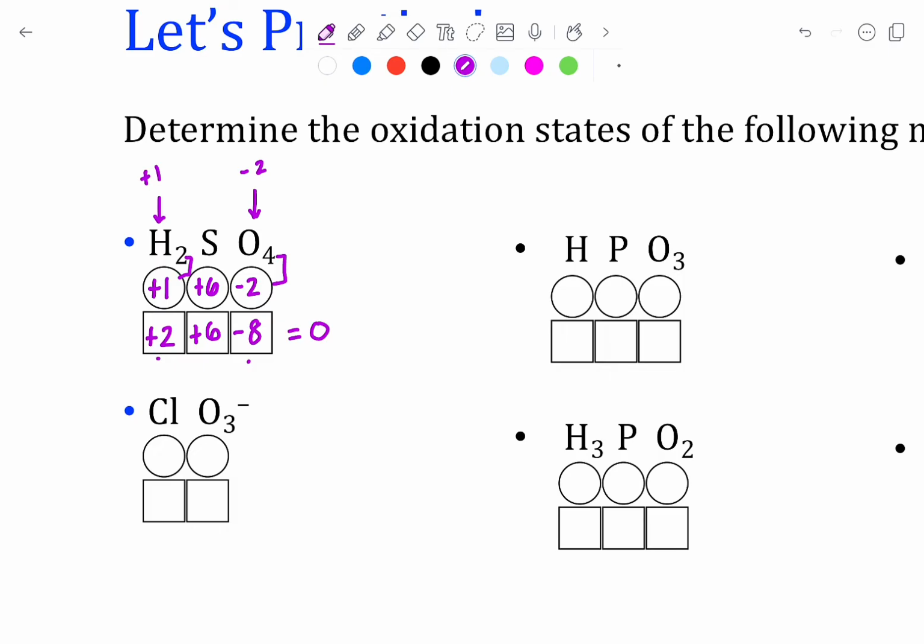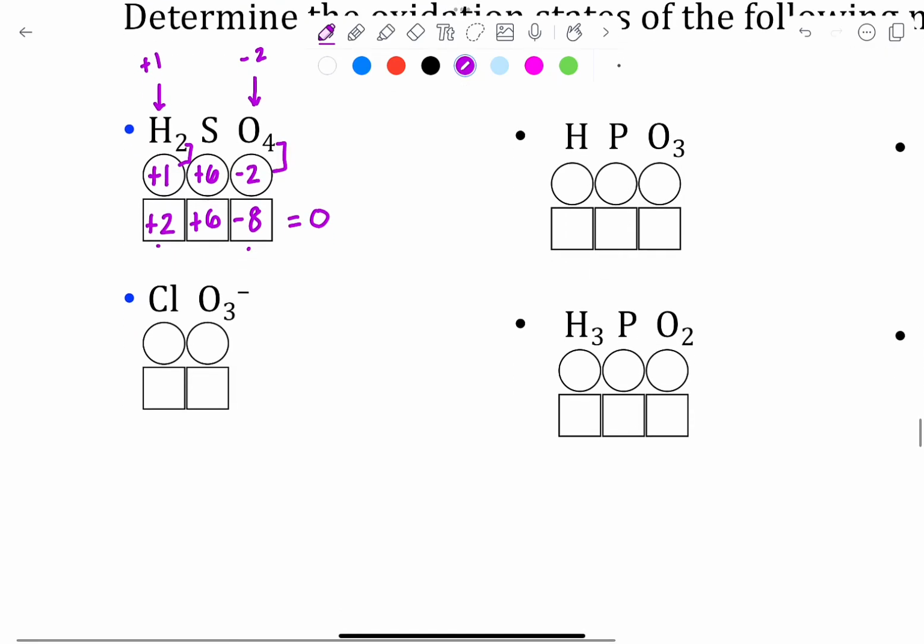Okay, let's do ClO3 together because this one has a charge, and I said the easiest way to show that rule of assigning oxidation numbers with charges is through practice. So we follow our same rules of determining the oxidation numbers of the elements you know first. So we know oxygen is going to have a -2 charge.